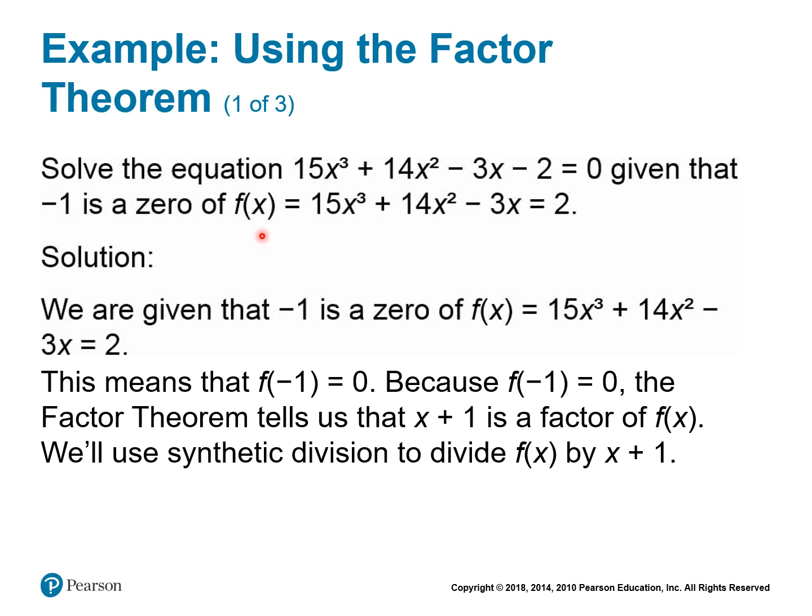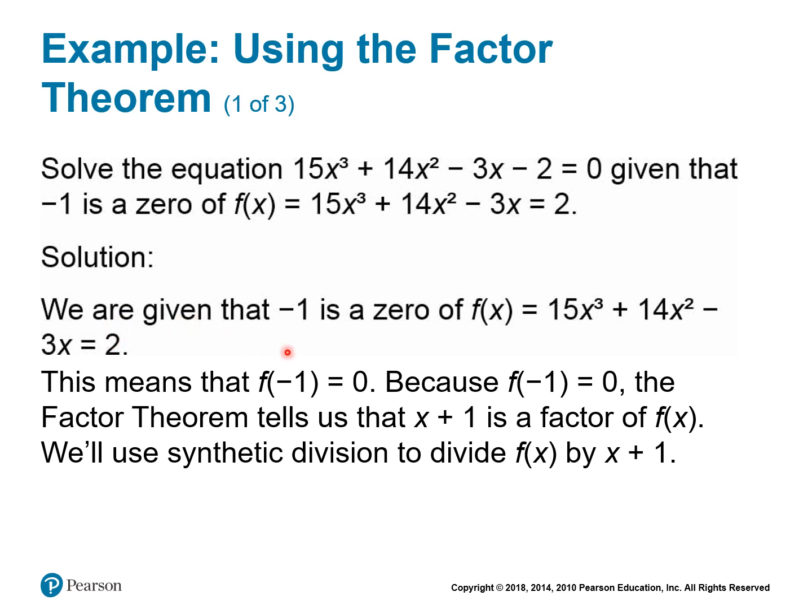What that means is if we substitute negative 1 into the function, we will get a 0. That means the remainder from a synthetic division or a long division will be a 0. So let's see what the solution is.